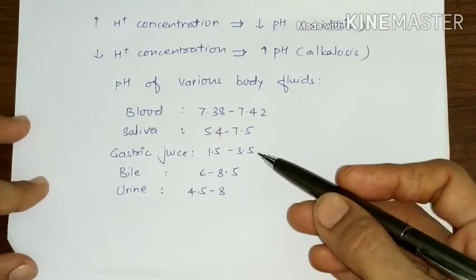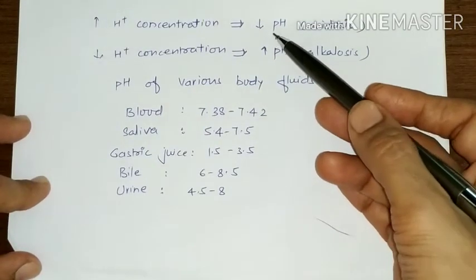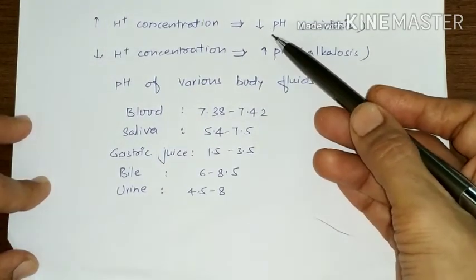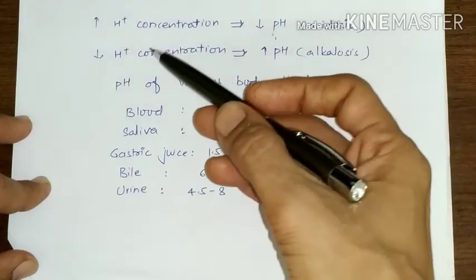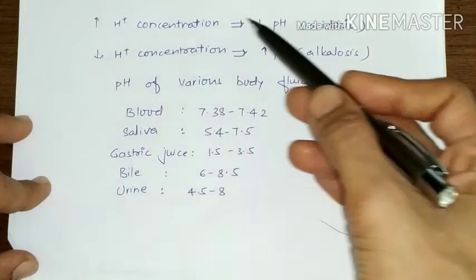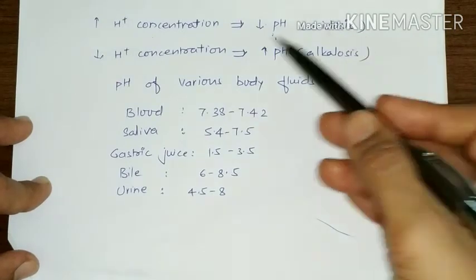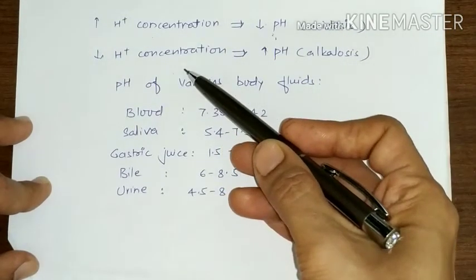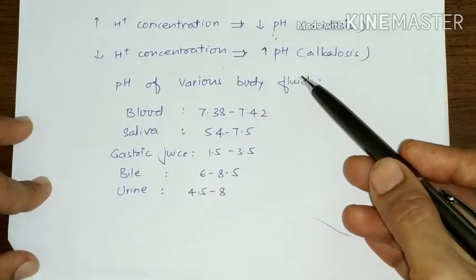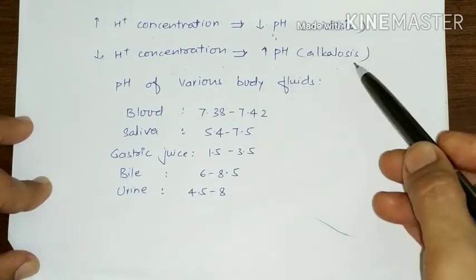Now, as pH is equal to minus logarithm of H plus ion concentration, when H plus ion concentration increases, pH decreases, which is known as acidosis, and when H plus ion concentration decreases, that results in increase in the pH, which is known as alkalosis.